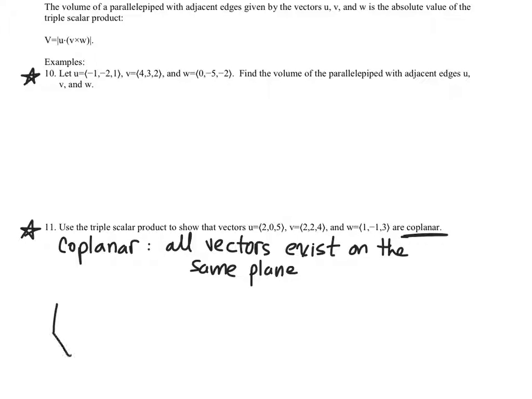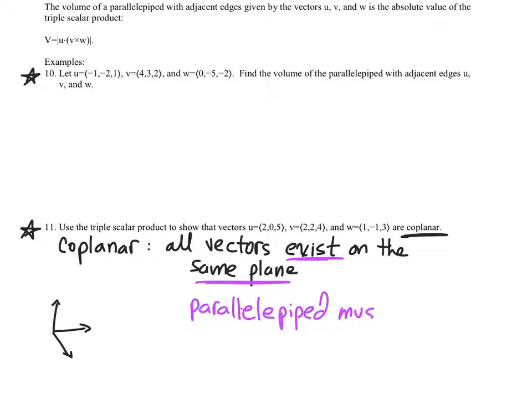You have the 3 dimensions that make it up in space. So the length, the width, and the height. And then from there, we kind of build outward to determine what your actual shape is going to be. All right. So in order for them to exist on the same plane, your parallelepiped must contain 0 volume.